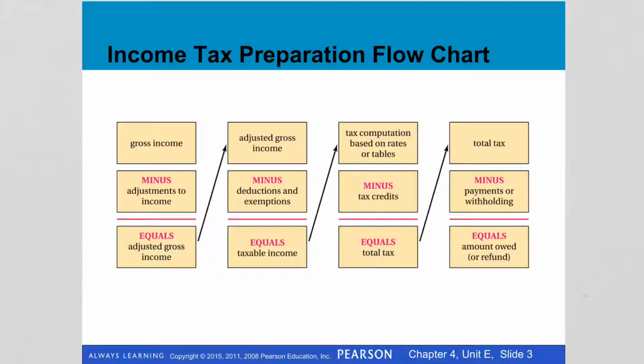Then you take off credits, and that gives you your total tax, and you take off what you've paid throughout the year. And if it's positive, then that means that you owe something. If it's negative, then you're owed a refund.